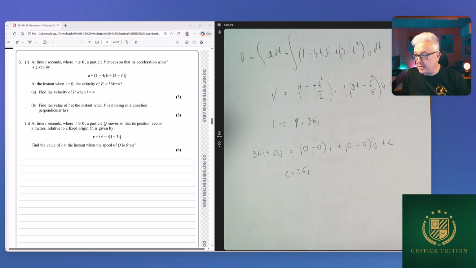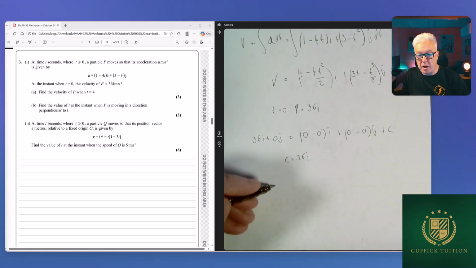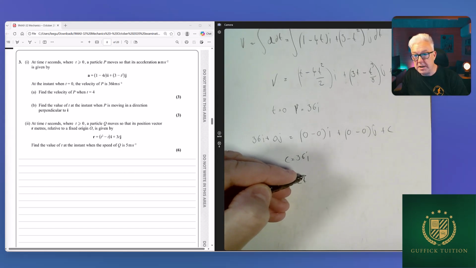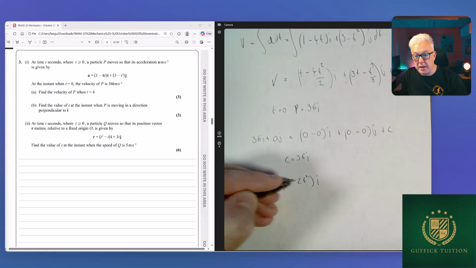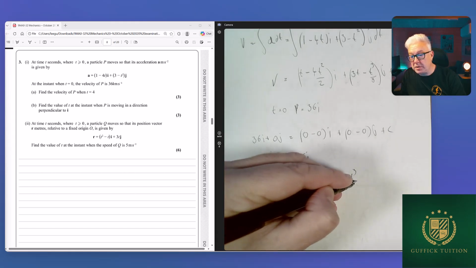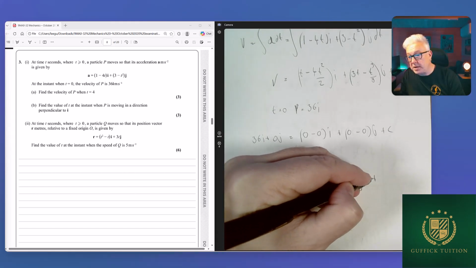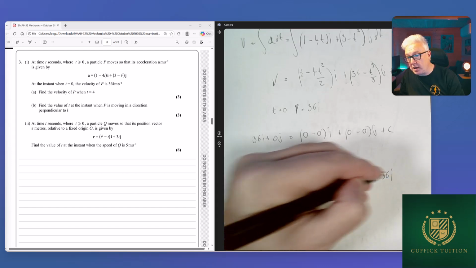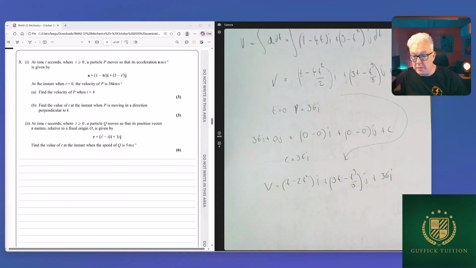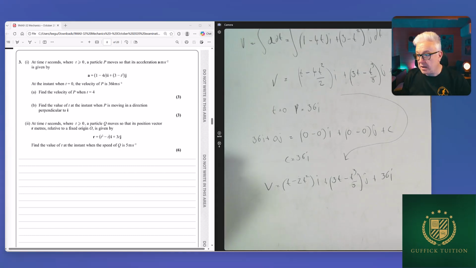Now we've got our particular solution, our full equation: (t - 2t²)i + (3t - t³/3)j + c, which is 36i. That's just the equation from up here, simplified and with c subbed in as 36i.